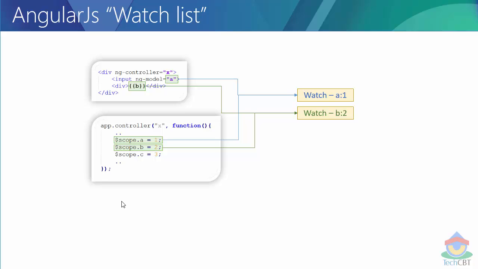So the AngularJS framework maintains watches behind the scenes for each of the scope variables you use inside your data bindings.